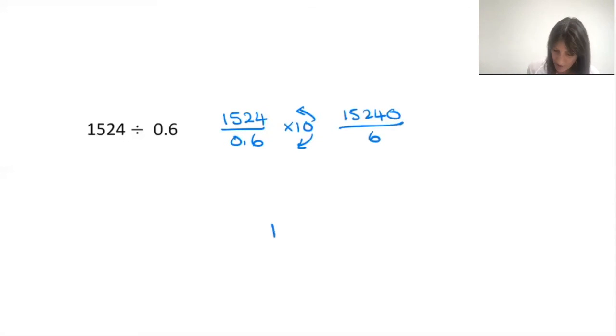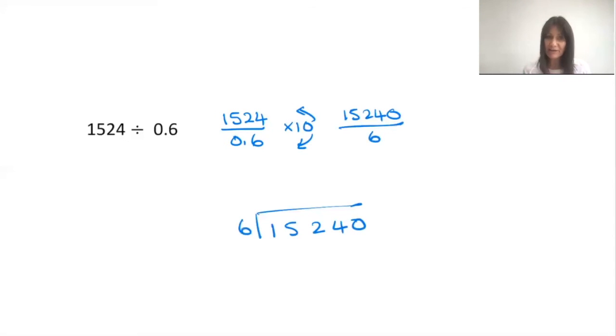And then I can just go into my bus shelter, and I should never fear it. If I can do times tables, I can do this, okay? So 6s into 1 don't go, carry that 1. 6s into 15 will go 2. 2 6s are 12, so I've got 3 left over. 6s into 32 go 5. 6 5s are 30, so I've got 2 left over. 6s into 24 go 4, exactly.